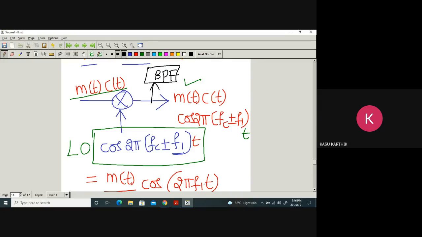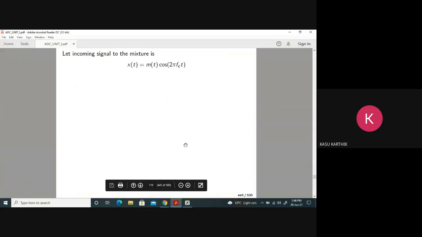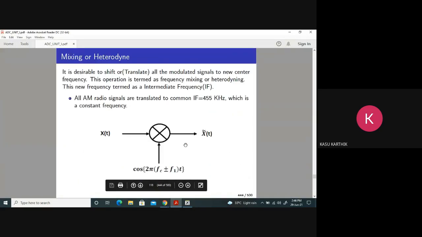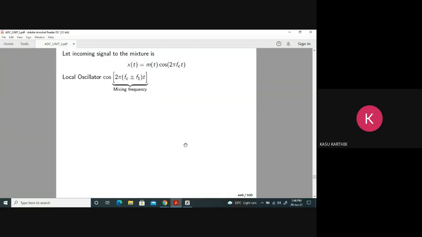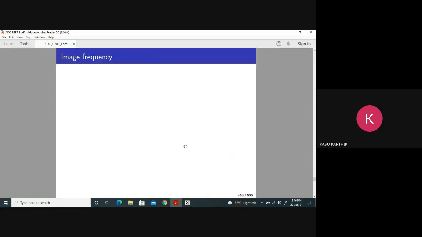For your understanding, this is the simple mixing operation. This is a mixer. After getting the output, you use a band pass filter and remove the unwanted frequencies.